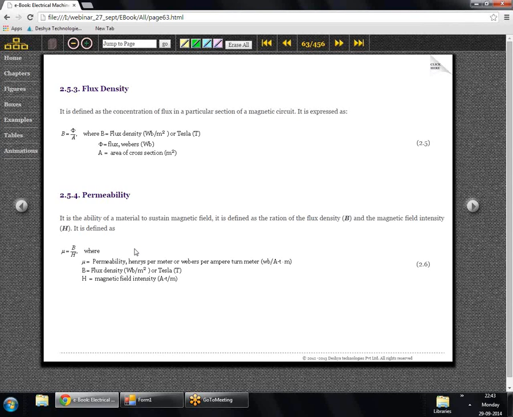That means if a material has a high permeability, then flux lines can flow through it easily. If the material has a low permeability, then the flux lines find it difficult to flow through it. The SI unit for permeability is Weber per ampere turn meter.